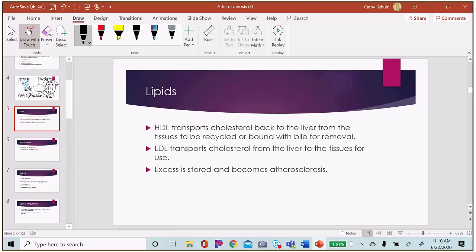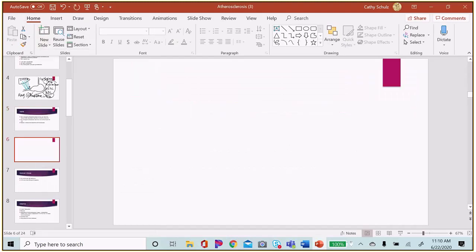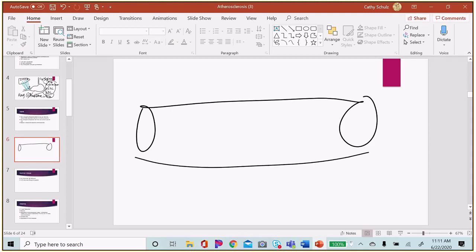So if we then end up with too much cholesterol, the body used what it could, and then the HDL, our little vacuum Roombas, brought the excess back to the liver, there's only so much we can shove into the liver. If there's still extra cholesterol roaming around the blood vessels, that gets eaten up by our white blood cells. They try to digest that to get rid of it, and that ends up forming plaques.